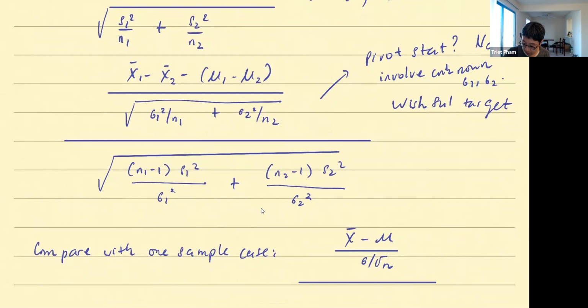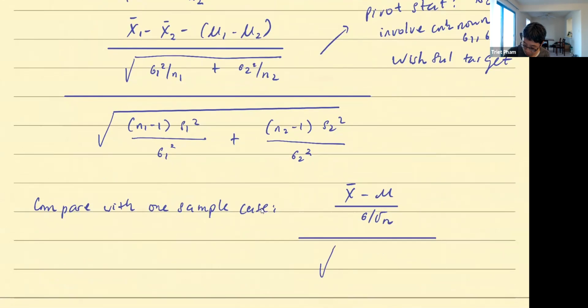At the bottom, I need square root of n minus 1 s square divided by sigma square. That's for chi-square. But I also do a 1 over n minus 1 because it's chi-square n minus 1 over n minus 1.